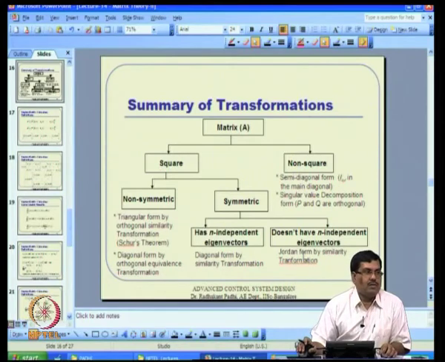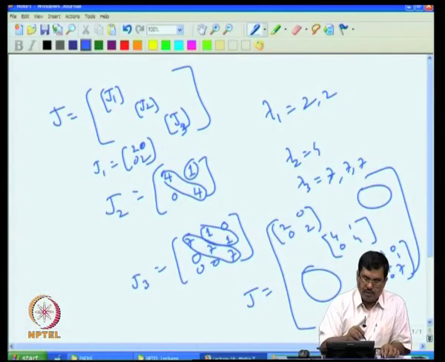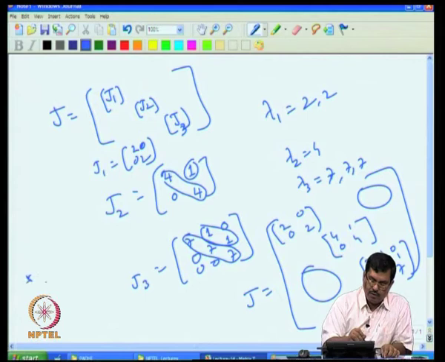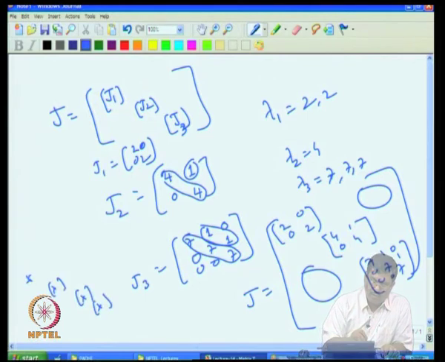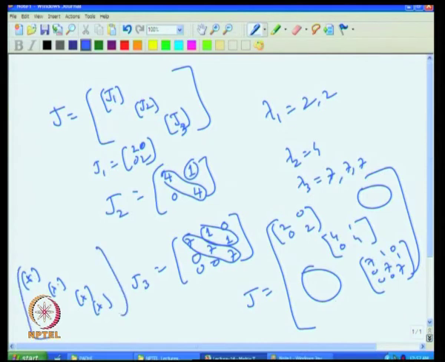If you have regular eigenvectors, it will lead you to diagonal form, and diagonal form is also like a special Jordan form, because if you have a diagonal matrix, with something here, something here, something here, each of those is also a Jordan block actually. So, a diagonal matrix is also like a Jordan matrix in general.